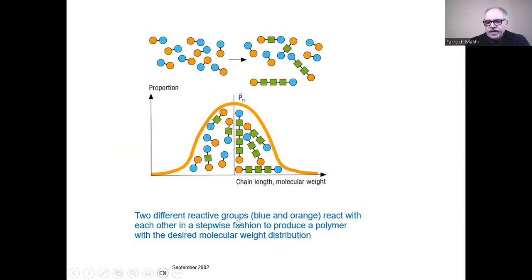Two different reactive groups here are shown that are engaged in the reaction. Blue and orange, they react with each other in a stepwise fashion, as shown in previous slide, to produce a polymer with a desired molecular weight distribution.